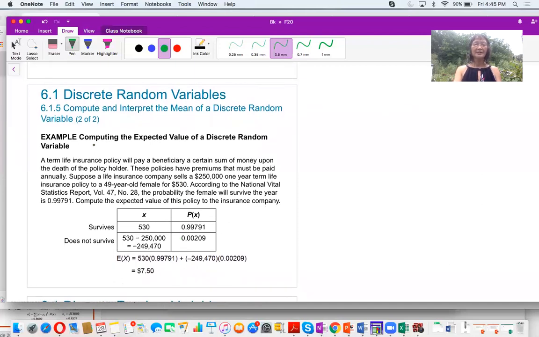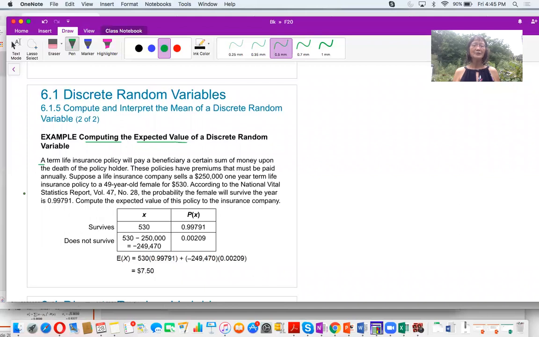Again, another example, computing the expected value of a discrete random variable. This is the context. A term life insurance policy will pay a beneficiary a certain sum of money upon the death of the policy holder. These policies have premiums that must be paid annually.